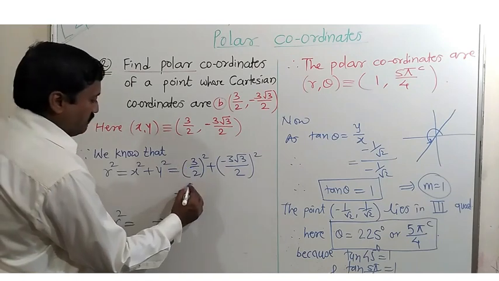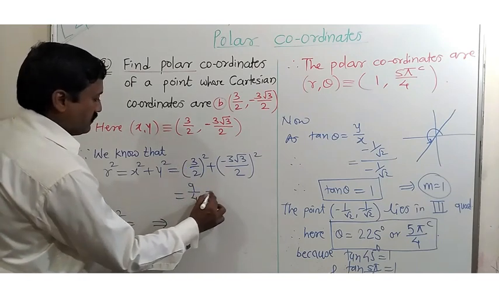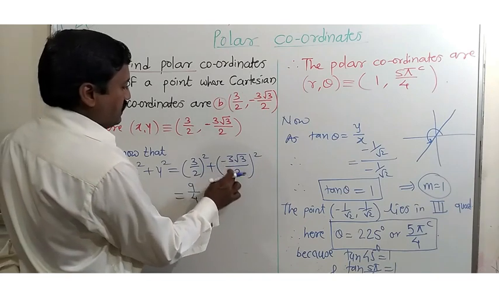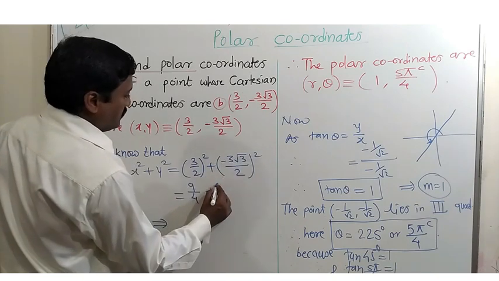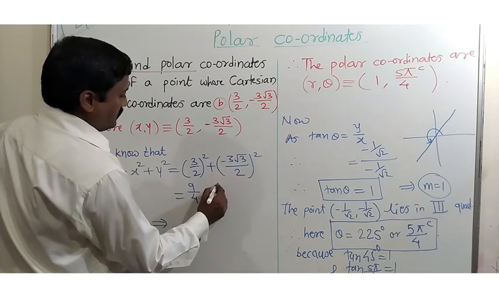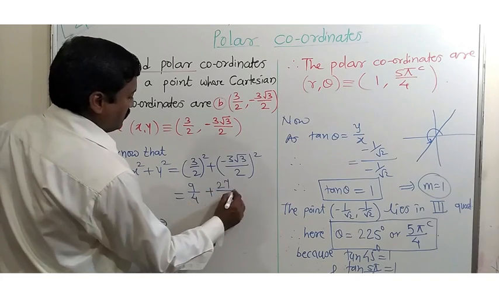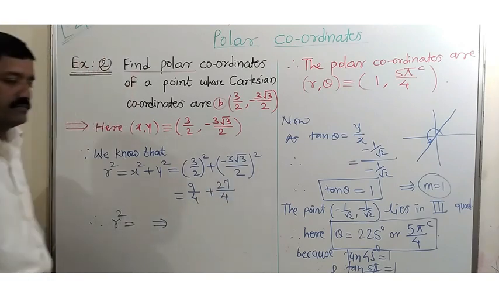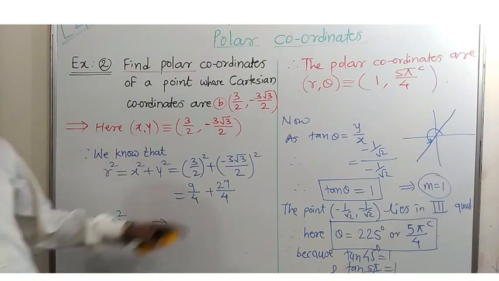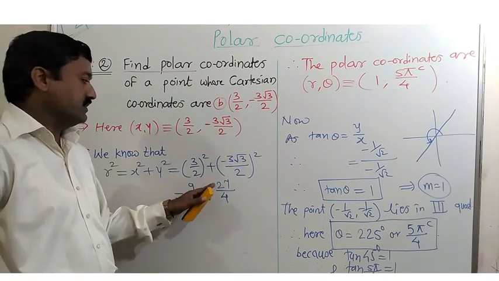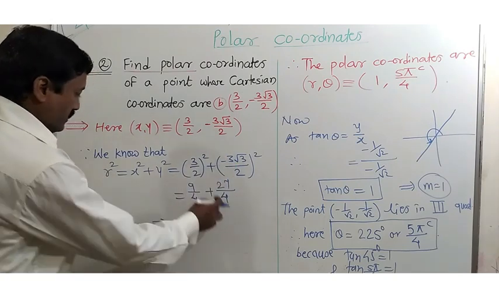This will give us 9 by 4 plus 9 by 4 into 3, that is 27 by 4. 3 root 3 square is 27: 3 square is 9, 9 into 3 is 27. 2 square is 4, the denominator is the same.